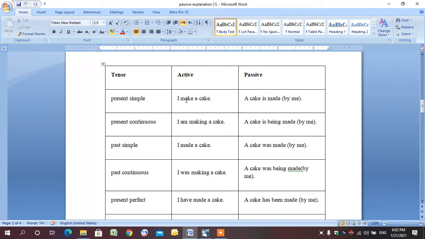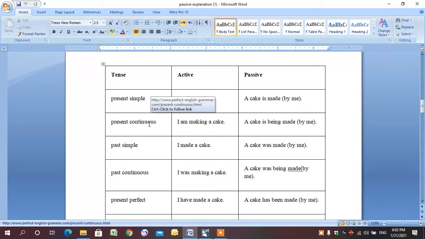Here the verb is make, it's in the present, so I put the verb to be in the present, it's is, and then I change the verb into the past participle. The past participle of make is made. So a cake is made by me, or just a cake is made.